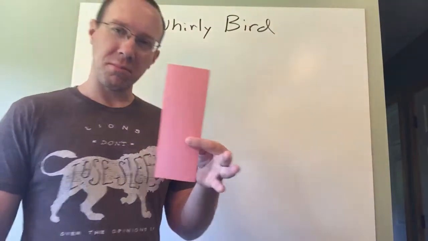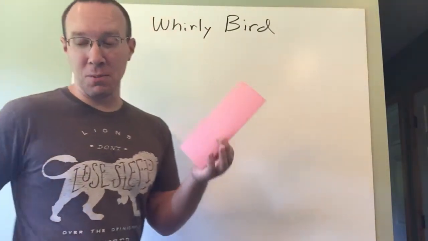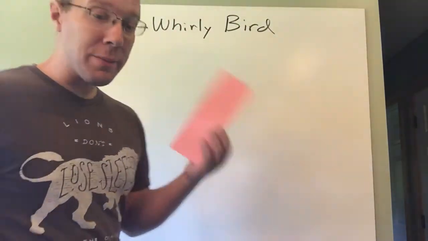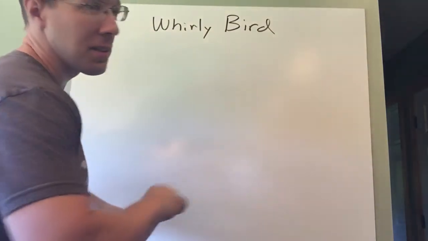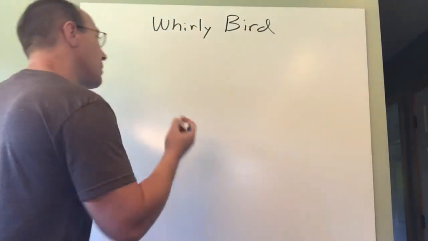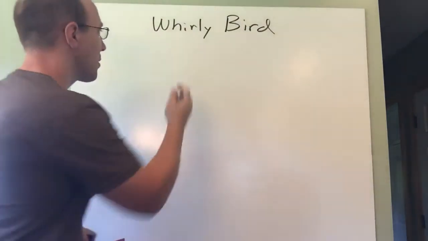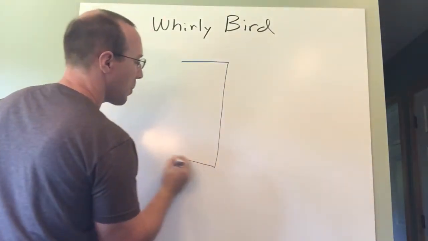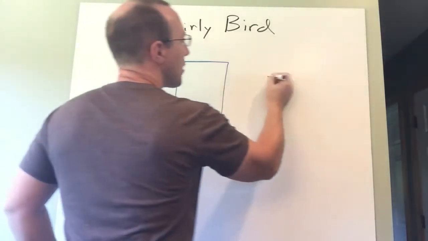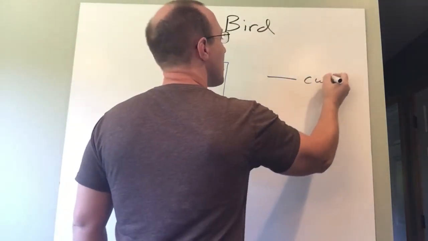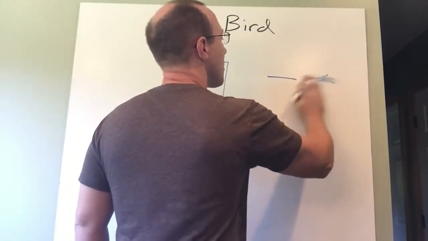So we have a piece of paper. This one's going to be really short. Hopefully it works. If not, we could just cut it the other way. Make a few, see which one works best. Here's our piece of paper, and we're going to say this is a cut. Let's all call that a fold.